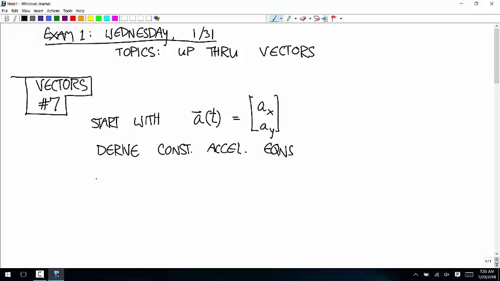So I'm going to start out by saying, the x component of the acceleration is the derivative of the x component of the velocity with respect to time. And that's equal to this constant ax.